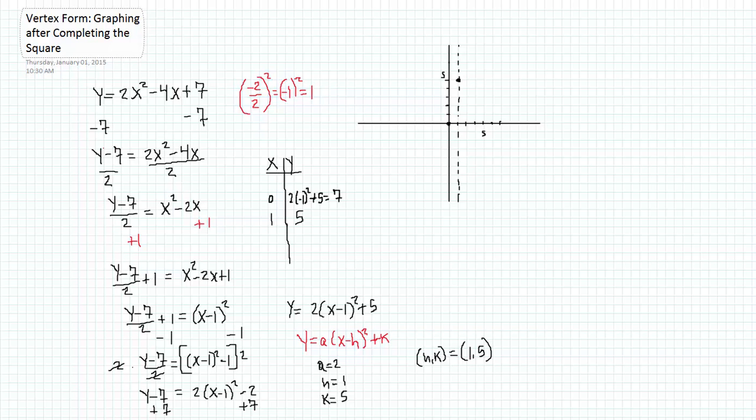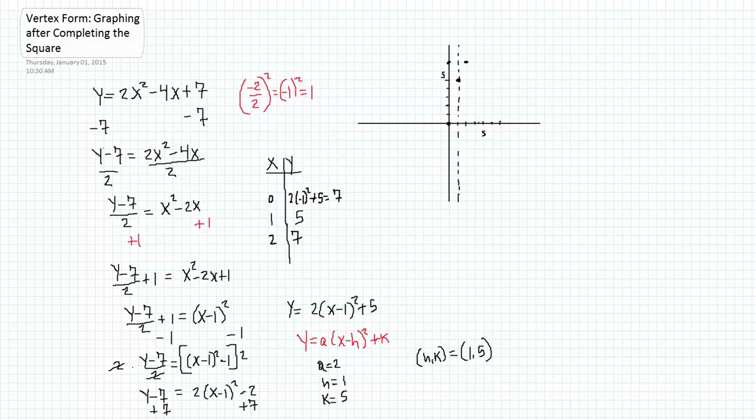That means that the point (0, 7) is part of the graph. Now, by symmetry, the point (0, 7) is exactly 1 unit away from the axis of symmetry, so we get the free point (2, 7) using symmetry.